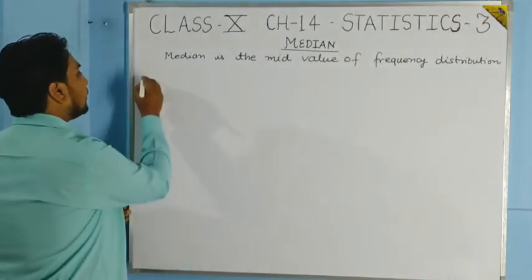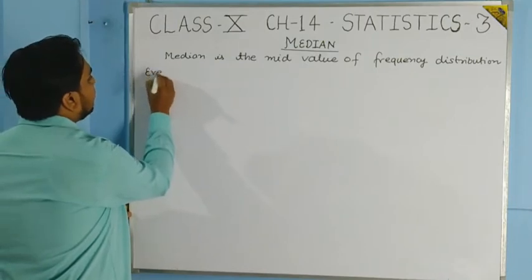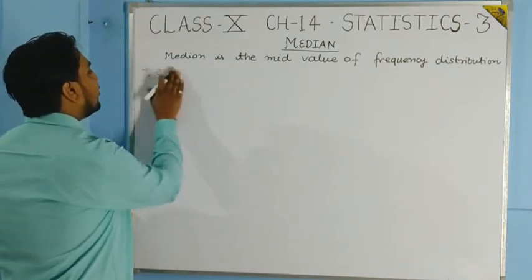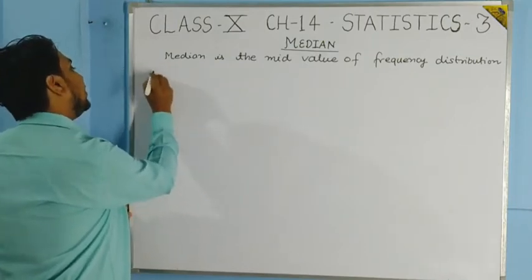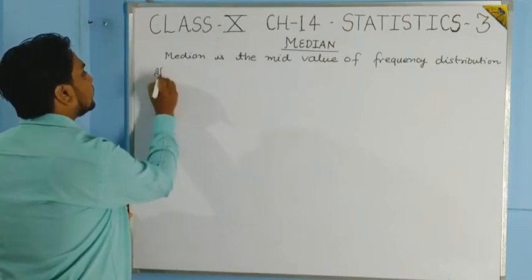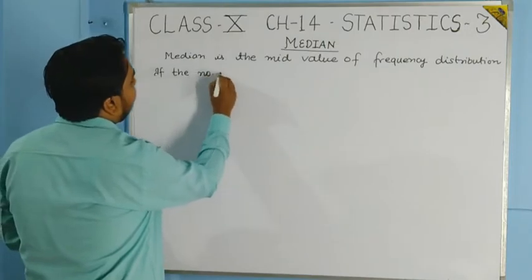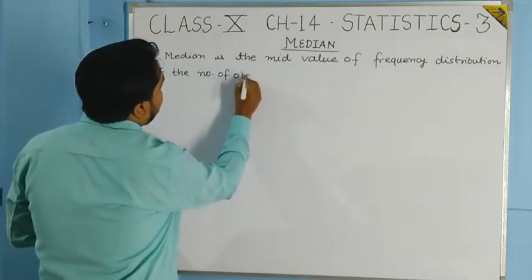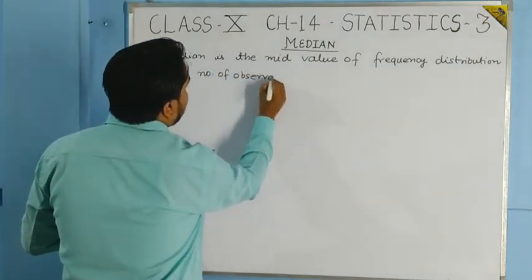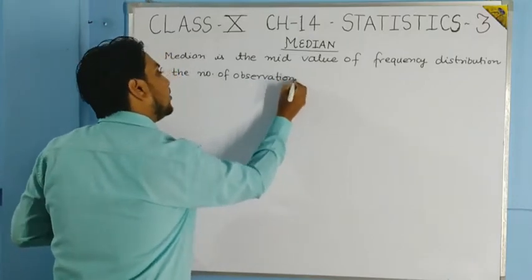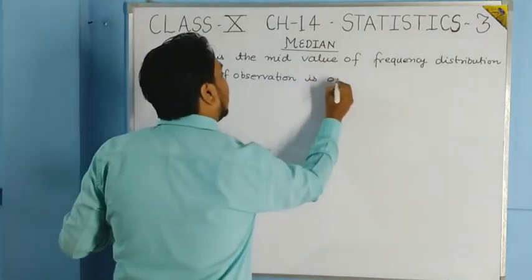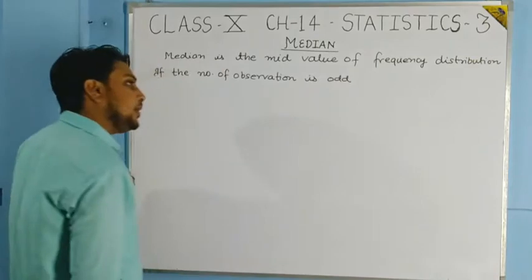Okay, means for odd, firstly we are saying that if the number of observations is odd, then how can we find the median?